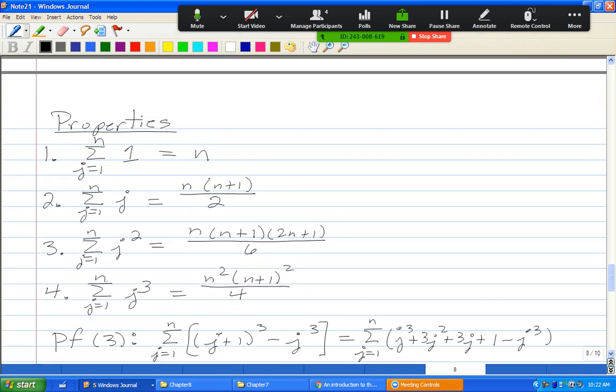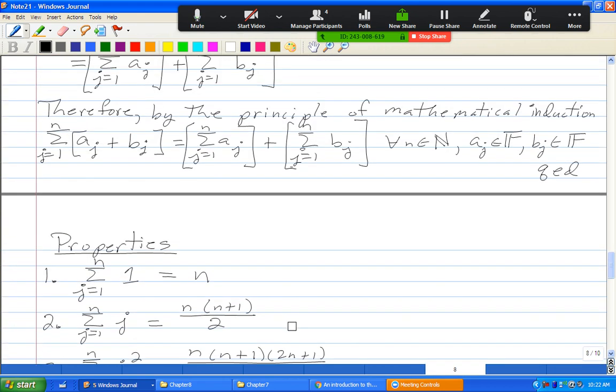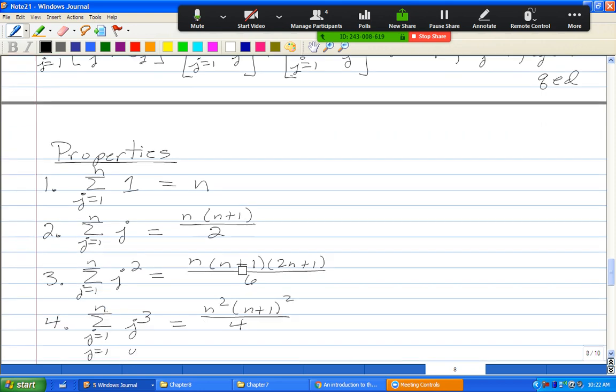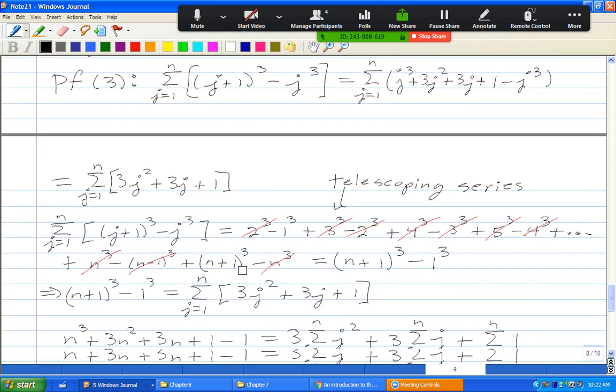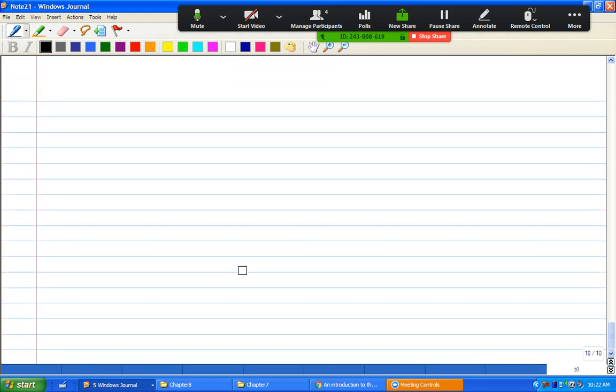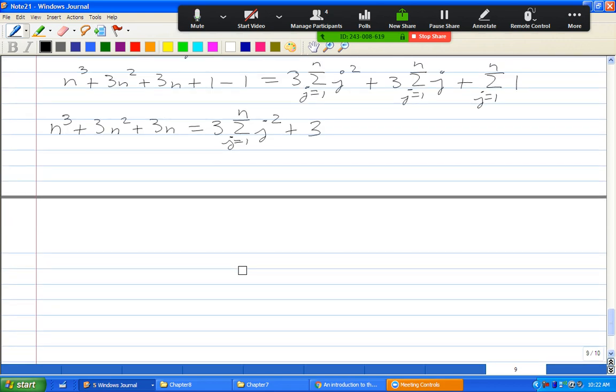I'm assuming I know this previous formula and the one before, so I'll use them. This is equal to n plus 1, and this last sum here is just n. Okay, good. Let's multiply everything here by 2.